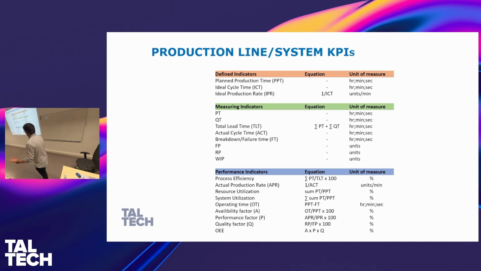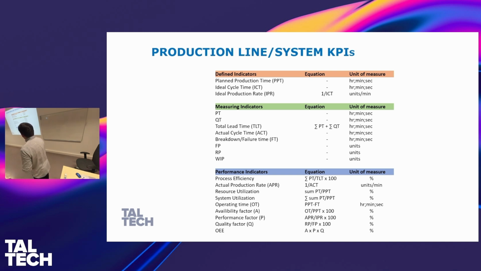Quality means how much I'm producing good quality products or bad quality products. Performance means the speed, the throughput, and availability means the idleness, the breakdown: is there any breakdown in the machine or the production system, how much it's idle, how much is available for working.